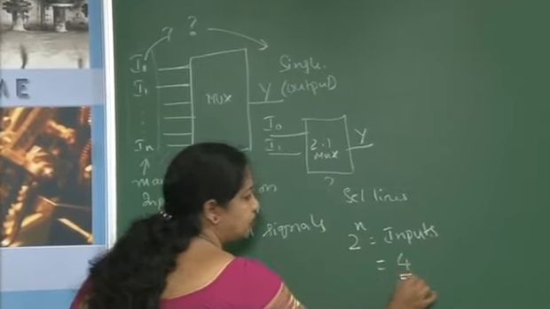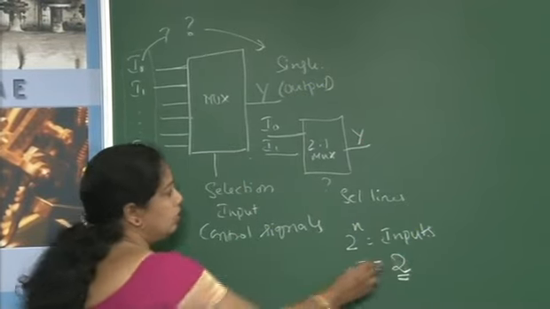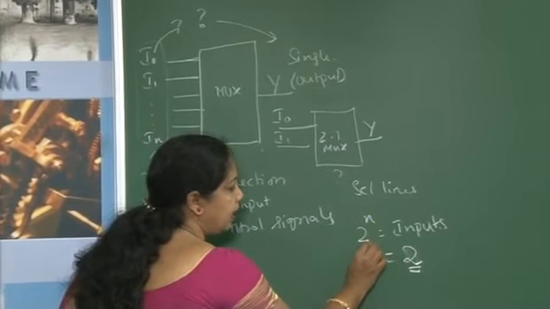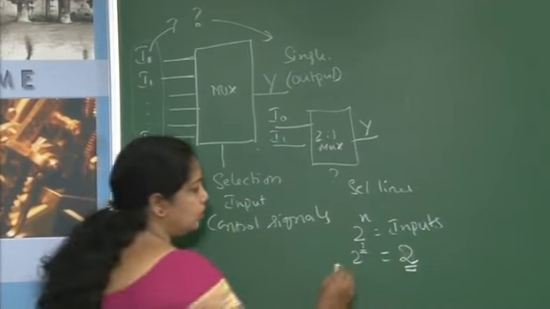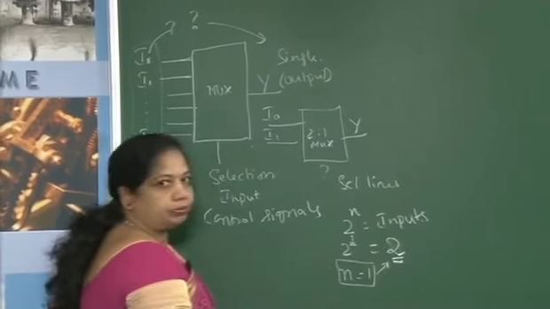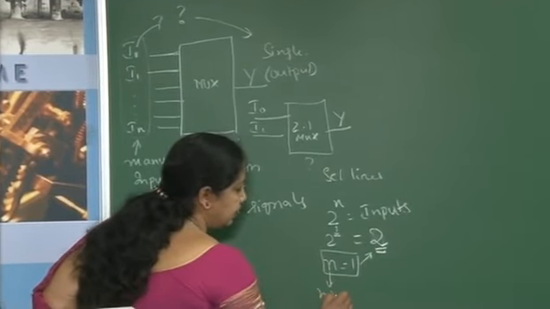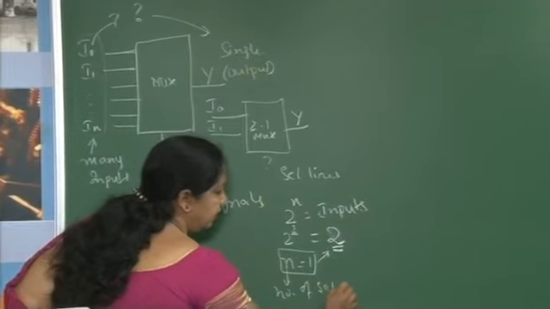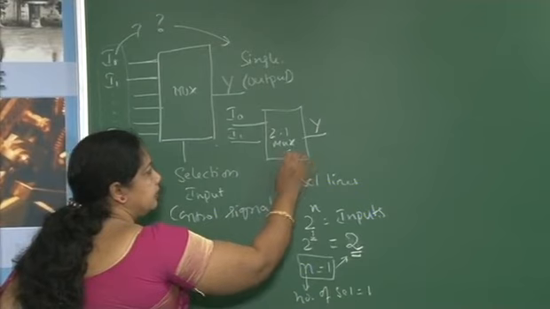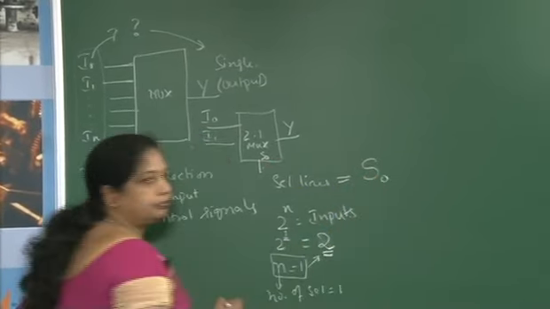Here the number of inputs is 2, so what should my n value be to get this 2? n should be 1, since 2 to the power 1 is 2. If n is 1, the number of selection lines will be 1. So I write here 1 selection line. The selection line is represented by S0.